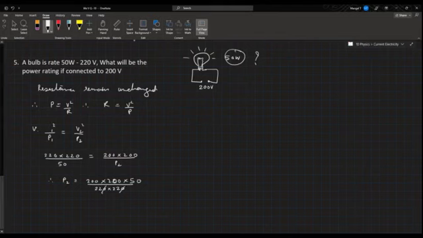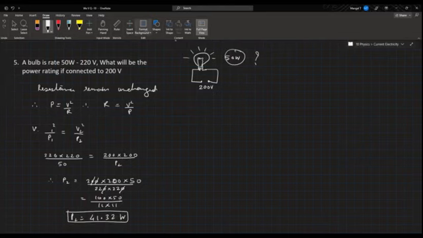So yes, the answer will be in decimals. So this will be 100 into 50 and 11 into 11. Since I'm making up the question, it's not going to give you a proper answer. So I'm getting this as 41.32 watt.